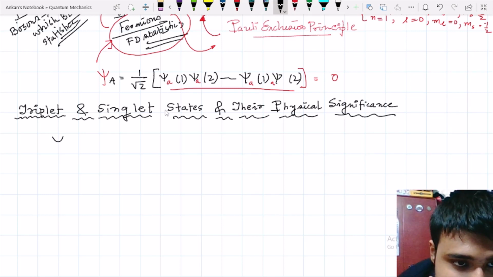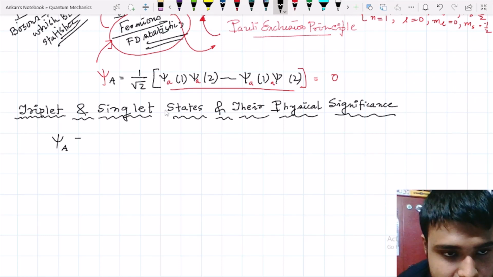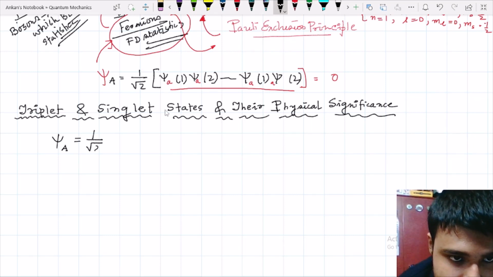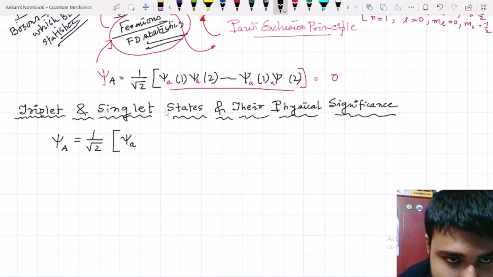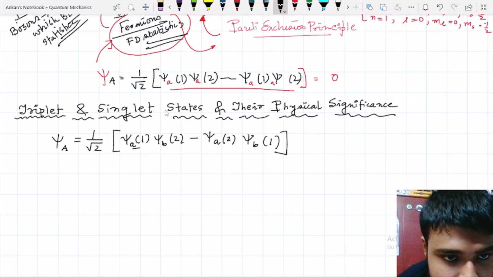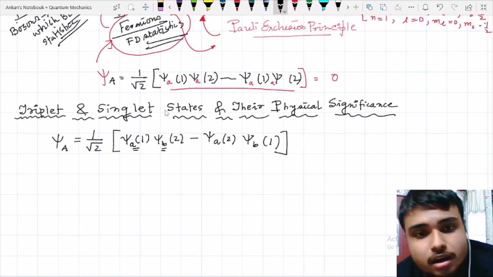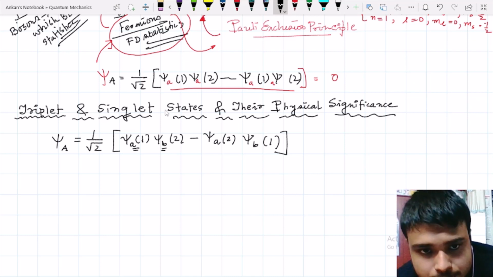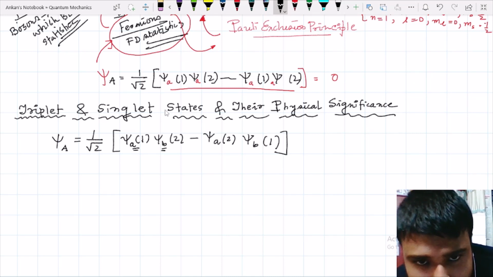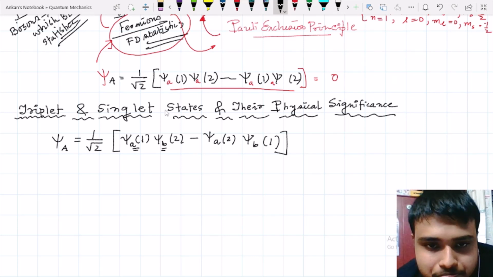What we have learned is that the total wave function for the electron can be written as the antisymmetric wave function, which is equal to 1 by root 2 times psi a1 psi b2 minus psi a2 psi b1, where the symbol A specifies the quantum state of particle 1 and symbol B signifies the quantum state of particle 2. 1 and 2 denote the particle number, which one is the first particle and which one is the second.